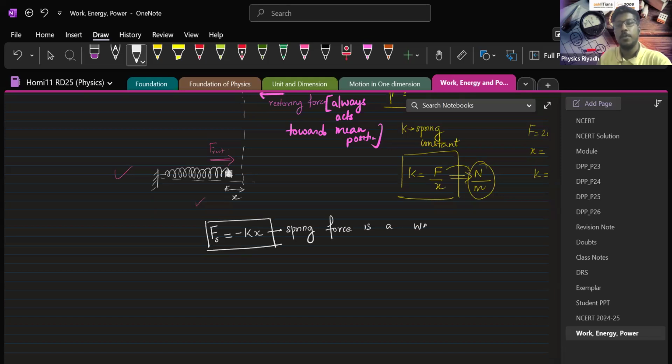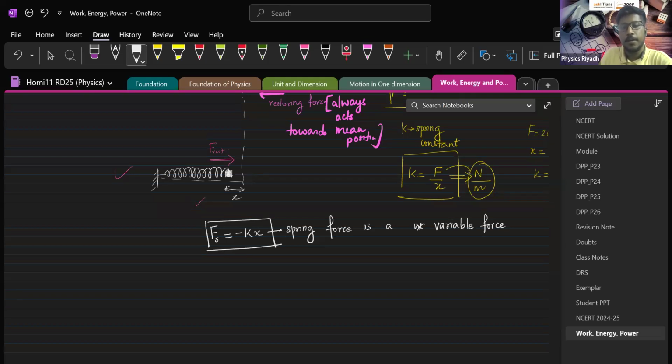Spring force is a variable force, and we need to calculate the work done by this variable force using the formula we have discussed. So how do we calculate the work done here?